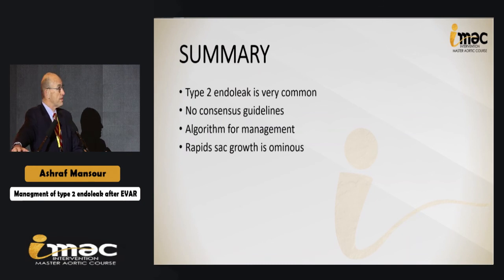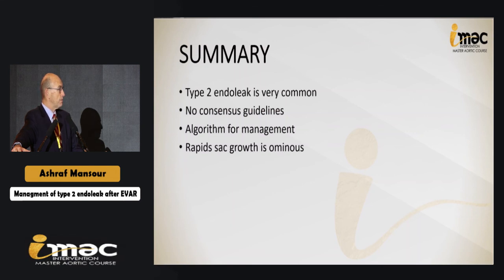So to summarize, for vascular surgeons who perform EVARs on a regular basis, type 2 endoleak is a very common occurrence. It happens very frequently at the end of the case, where you see a blush filling the sac even though you have good apposition proximally and distally. I don't know of any consensus guidelines as to when intervention should happen.